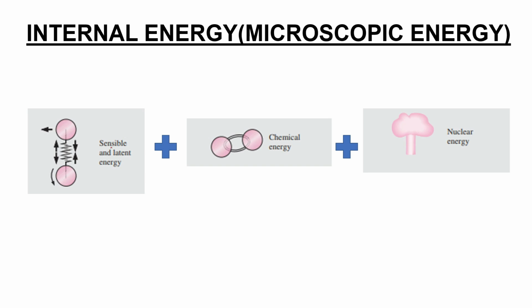It is called sensible energy for a reason: we feel the temperature of the system because of this sensible energy. We feel the temperature increase due to the increase in sensible energy. So if you supply heat to a system, the sensible energy of the system increases, and you feel that as a temperature increase.